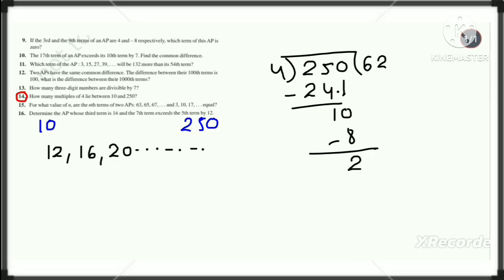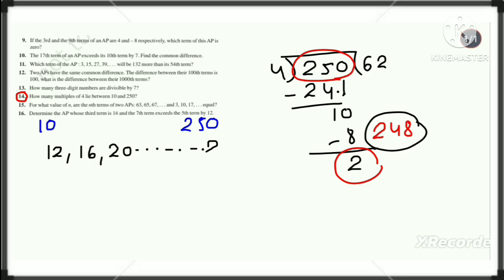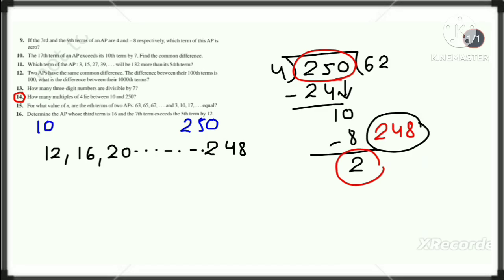So when we subtract this remainder from 250, we obtain a new number, that is 248, and it is the multiple of 4 which lies just before 250. Okay students, in this way we have obtained a sequence of numbers.